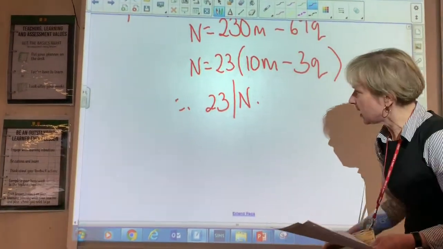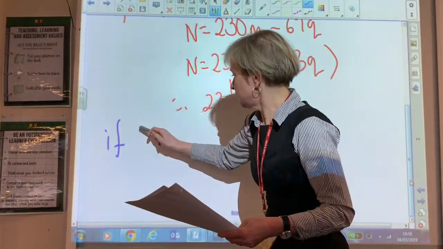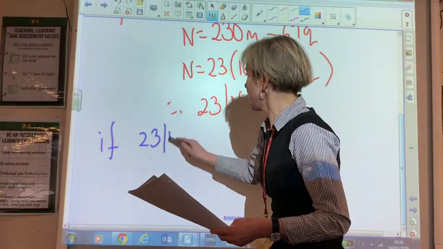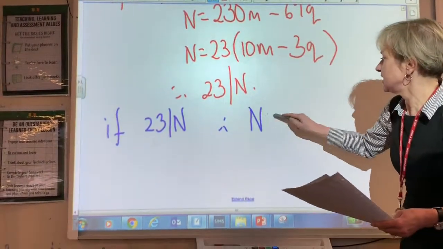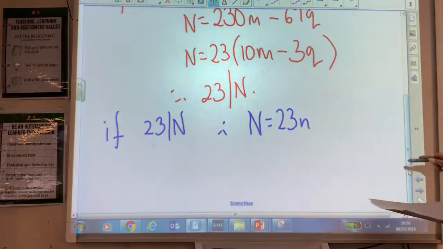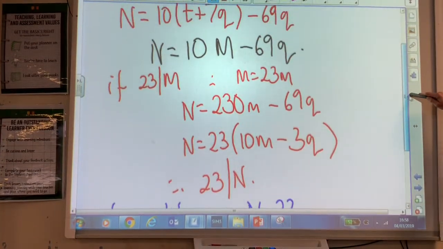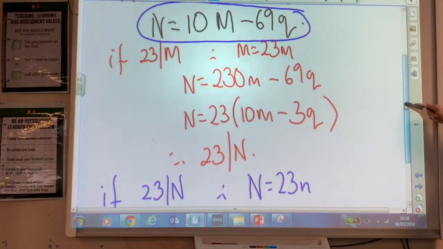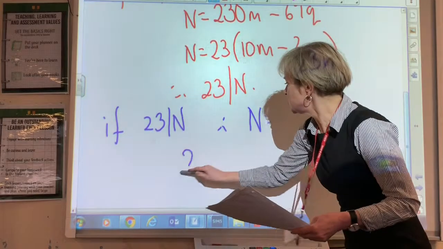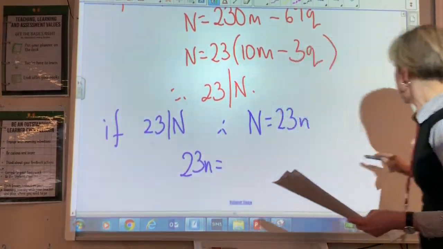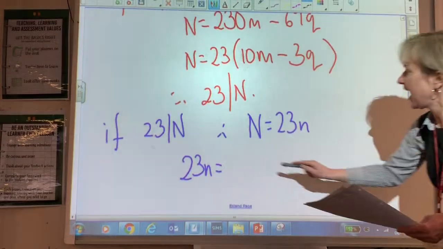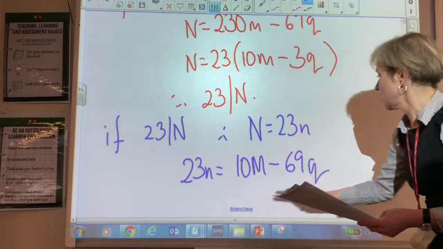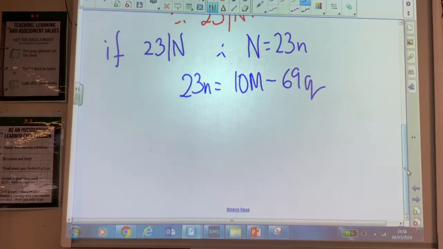I'm now going to do it in the other direction. So if n is divisible by 23, I know that n is a multiple of 23. So I'm going to go back into my definition, my link between n and m, and I'm going to rewrite capital N. So 23n is equal to 10m minus 69q. I'm going to get that 10m by itself.